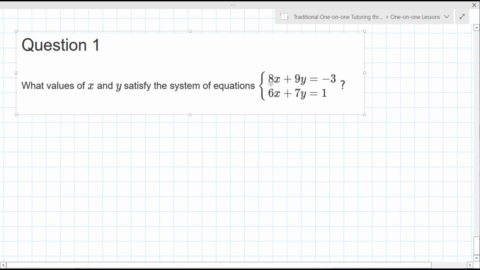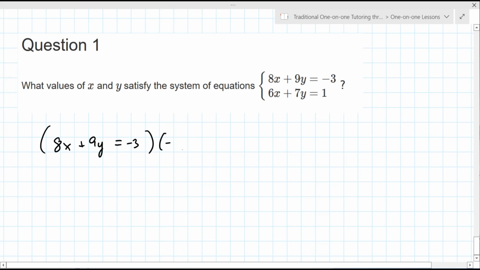All right, so all I want you to do for me to close out the lesson for today is I want you to multiply the first equation by -6. Okay.